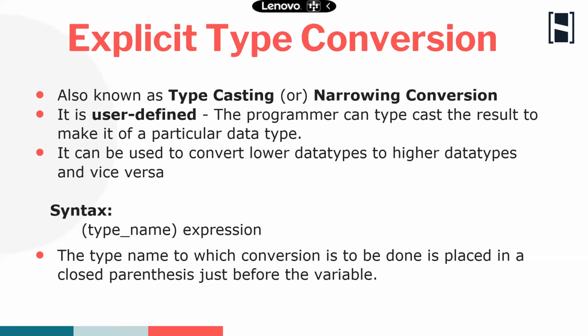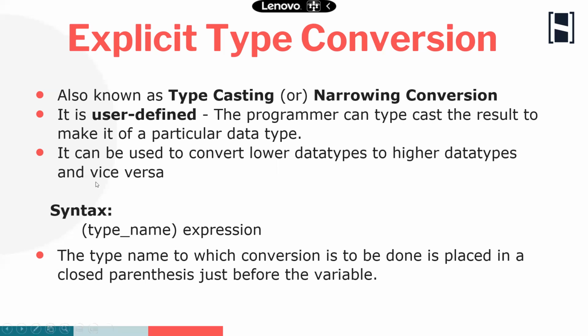Then after closing the parentheses, you mention the value, or rather the expression. It can be a variable name, or some sort of calculation. Whatever it is, you mention it after the closing of the parentheses.